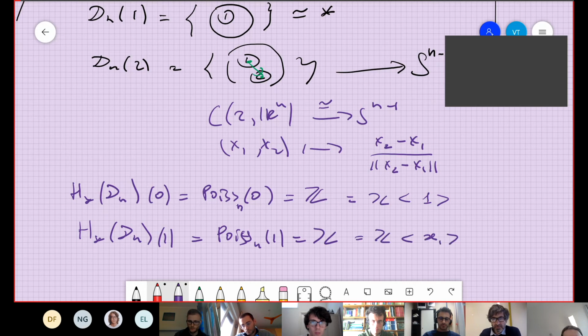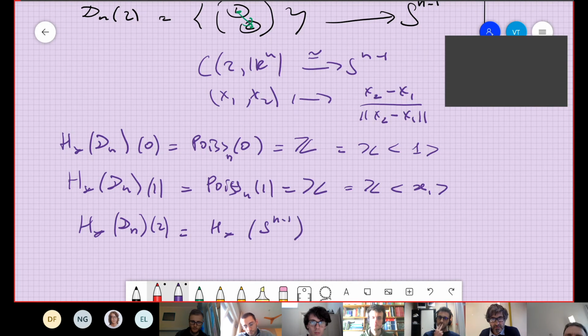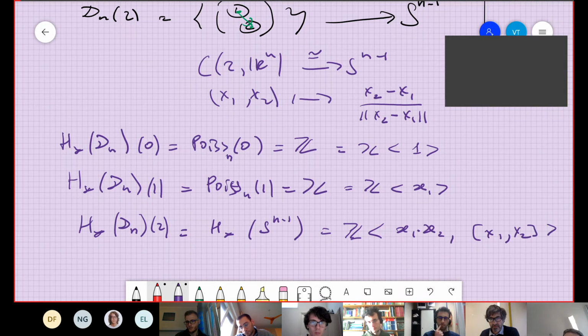and here by x1, right? But the degree 2 homology, right? We know it is the homology of an n-1 dimensional sphere, and it is spanned by one element, the product, and we also have the bracket. This is the generator of degree 0 homology, and this is the generator of degree n-1 homology, right?